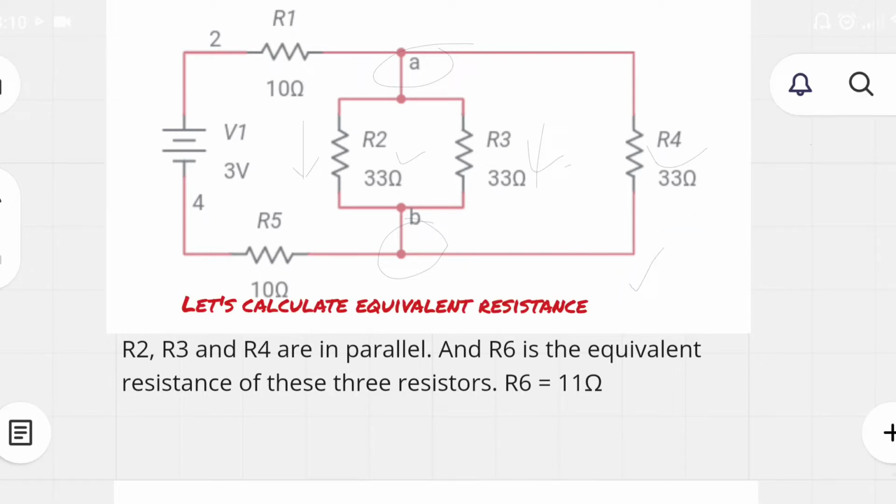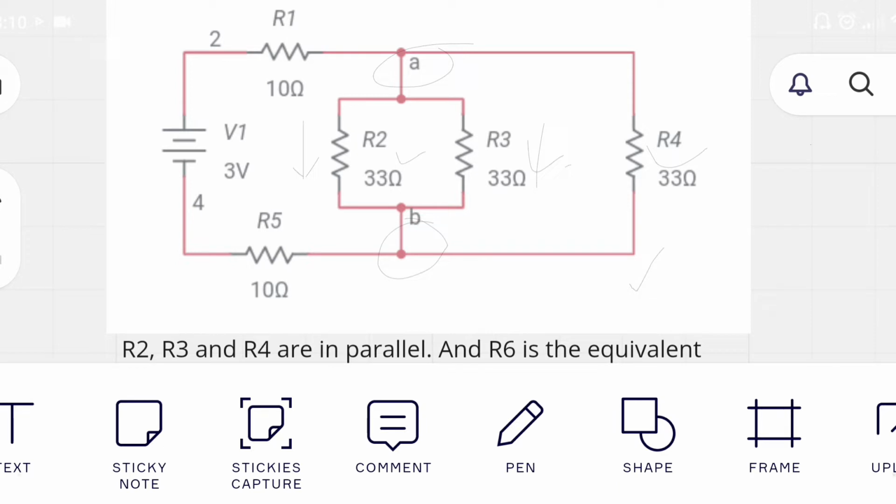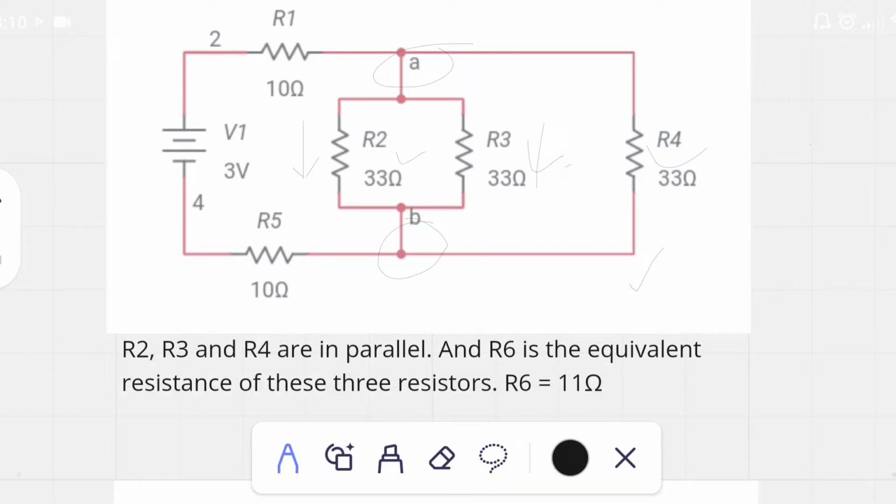R2, R3 and R4 are in parallel and R6 is the equivalent resistance of these three resistors. R6 is equal to 11 ohm, and we can replace these three resistors, that is R2, R3 and R4 with a single resistance of R6, which is equal to 11 ohms.